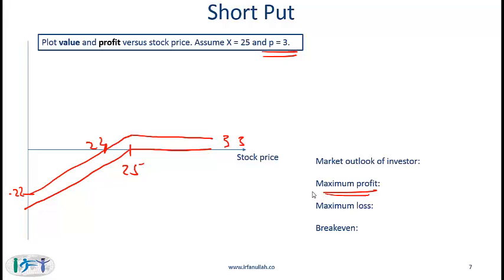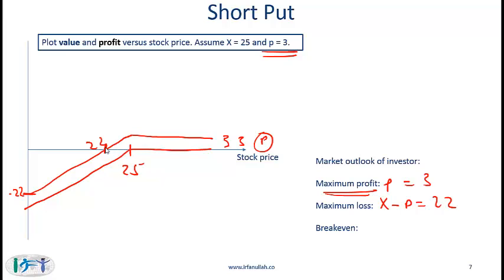The formula for maximum profit is simply the amount that we get for the option, which is P. In our example, that is 3. The maximum loss for the short put is this number, which is X minus P, and for us that is 22.